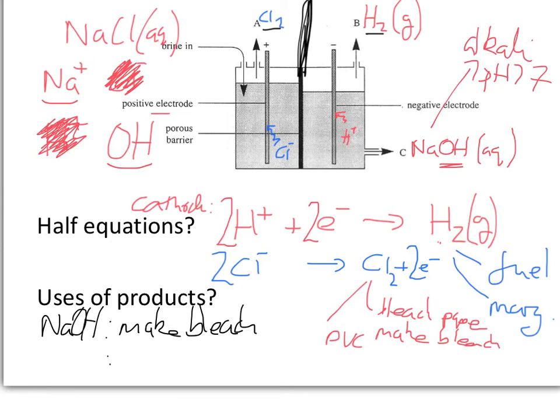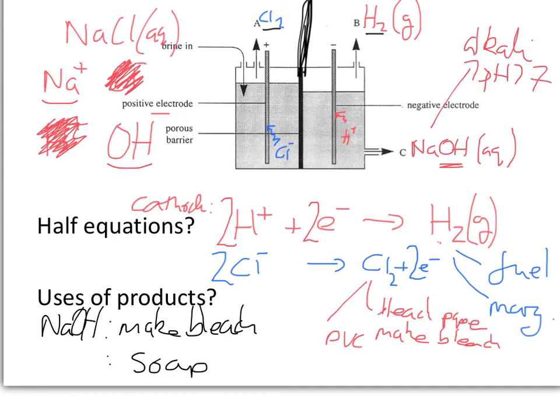You can also use sodium hydroxide to make soap by reacting it with fats. So you can see this is a wonderful process because you're producing such important products from something quite straightforward, salty water.